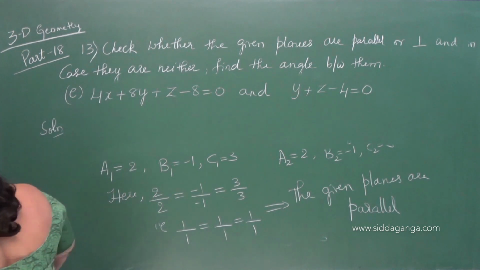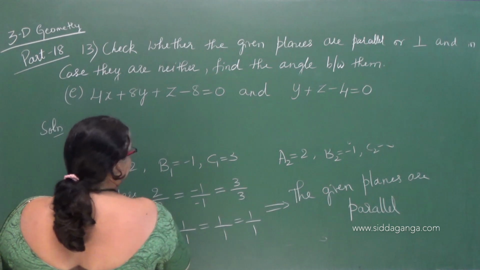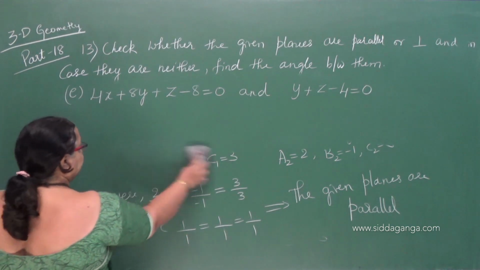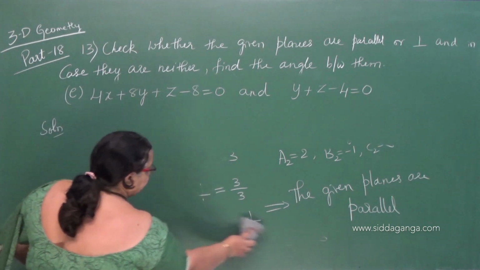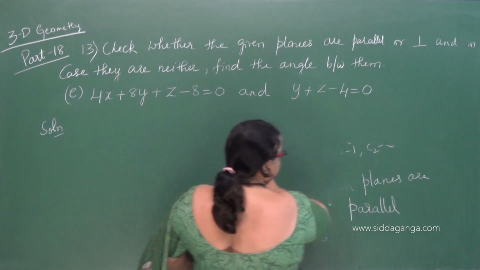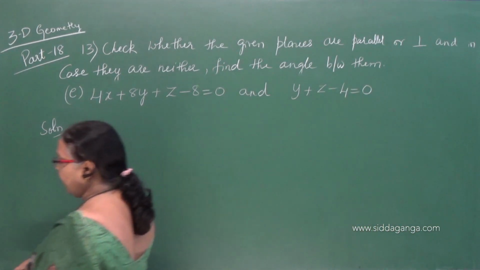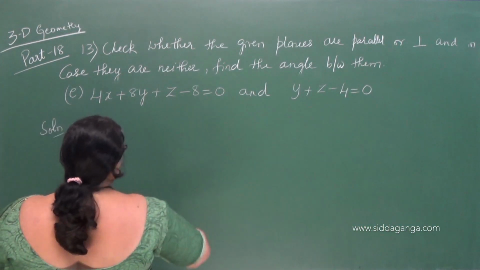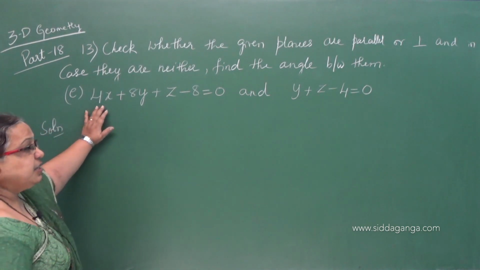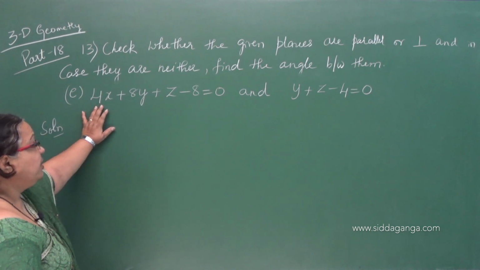So for these given planes, you write the normal vectors. Here the ratios are not proportional, and hence we have to find the angle between them. That means the given planes are neither parallel nor perpendicular.